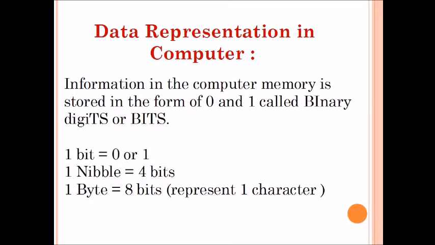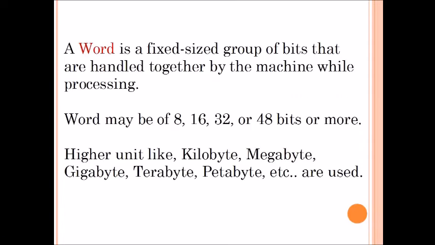So computer data is represented in bits and bytes. Next, a word is a fixed size group of bits that are handled together by the machine while processing. A word may be of 8, 16, 32 or 48 bits or more.